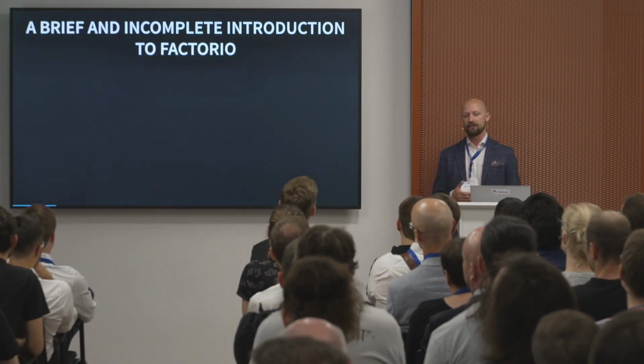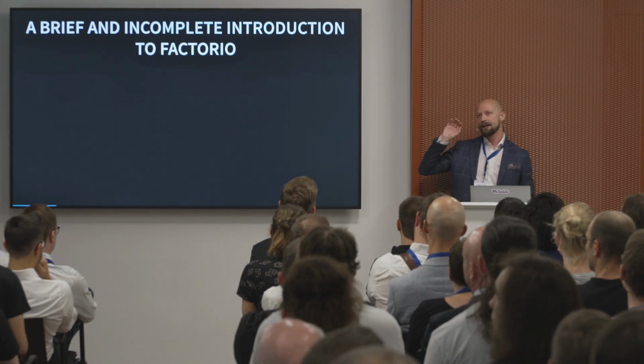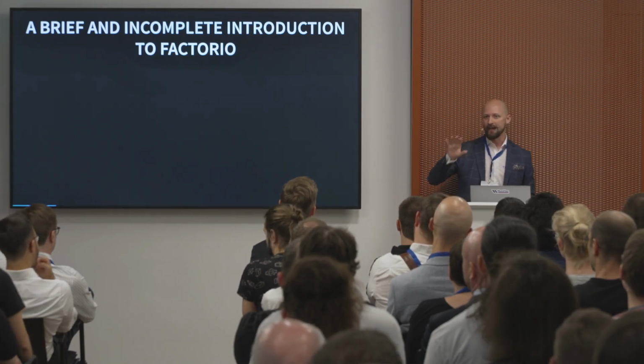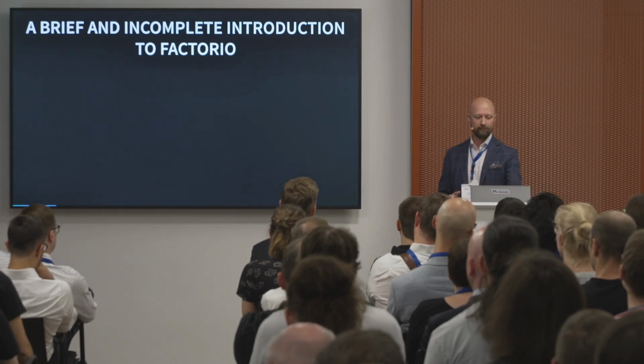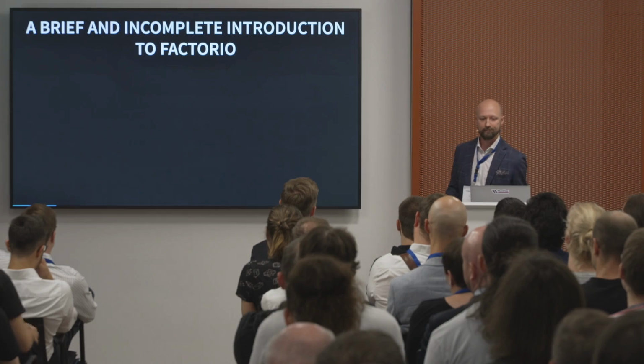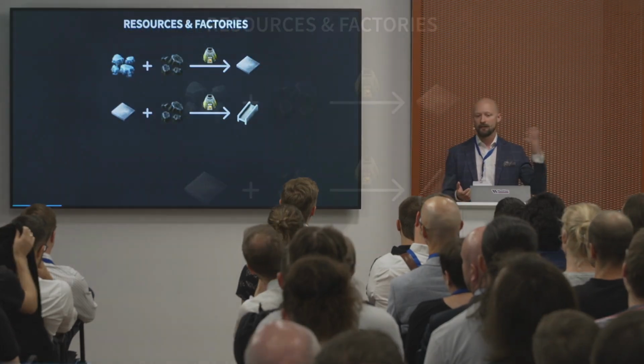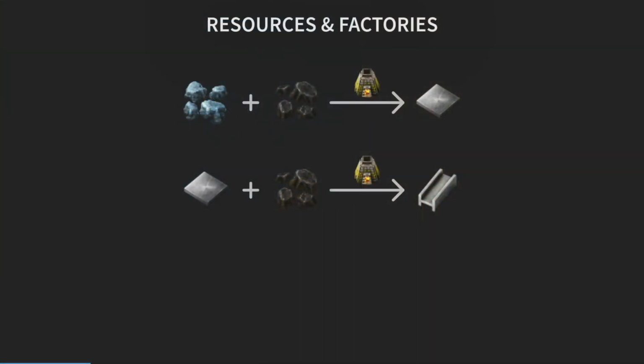Now, before we dive into the main part, let's quickly have a look at how the main game mechanics of Factorio work. Just the bare minimum to understand what I'm going to be talking about. In Factorio, you have resources that you're going to turn into intermediate products and actual production items. One example for a resource is iron ore, which is mined from the planet's surface, and iron ore is turned into iron plates in a building called a furnace.